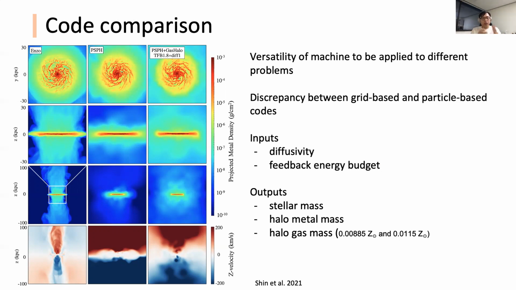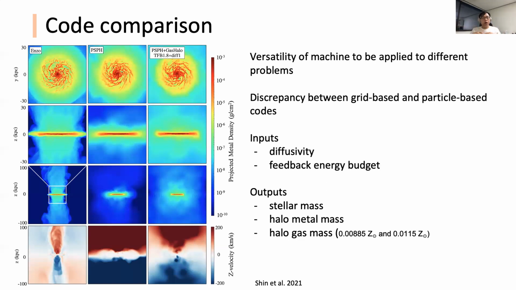So what the authors did is they changed the diffusivity and the feedback energy budget used in this GIZMO simulation. You can see on the rightmost column, the actual output is getting closer to the grid-based code. So it's trying to resolve this discrepancy.